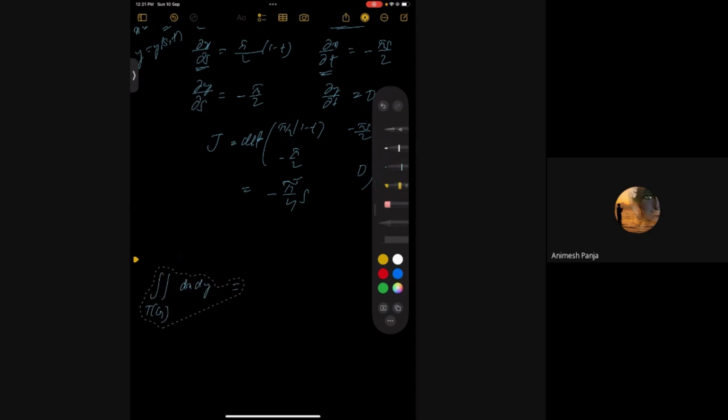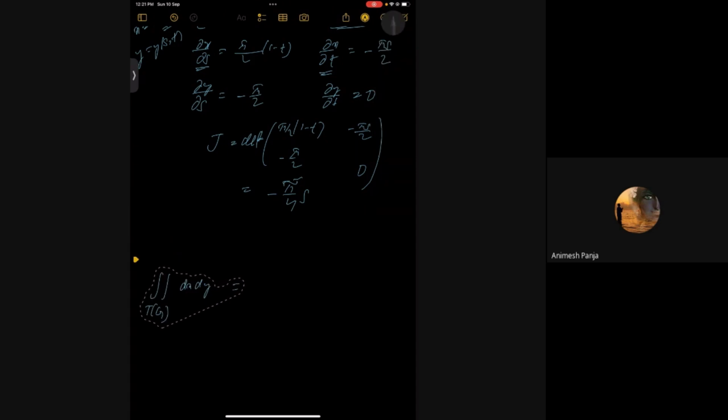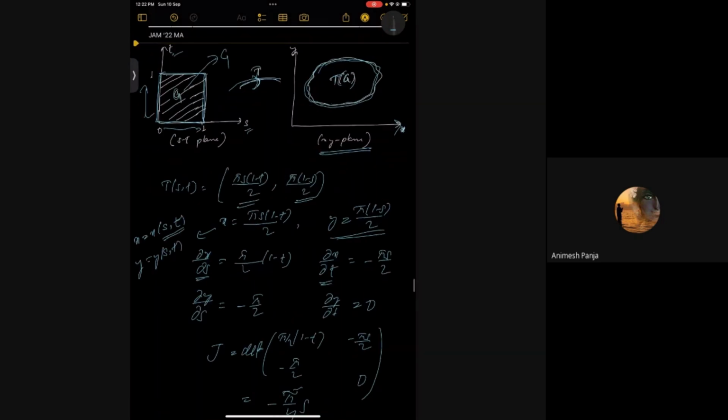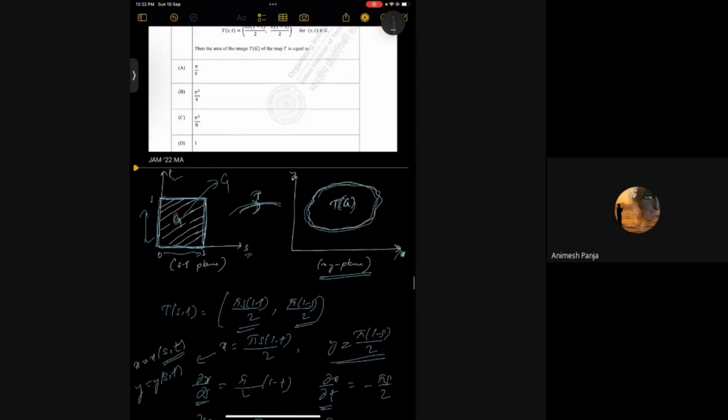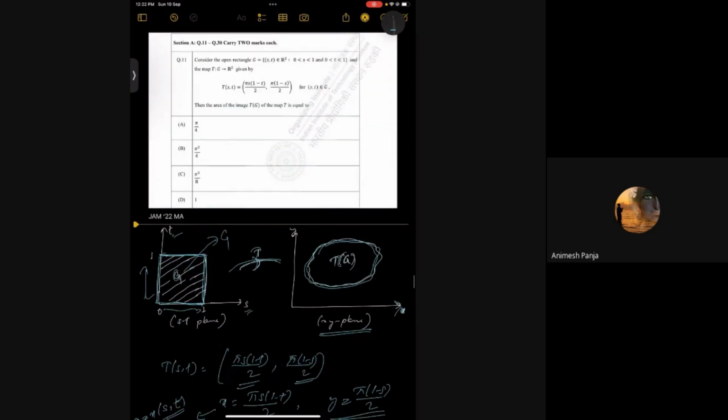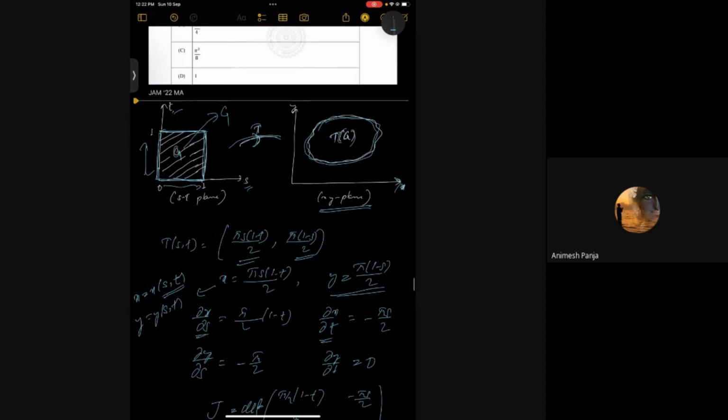So the area of the image now is the absolute value of the Jacobian in the variables ds dt. So the limits of s are 0 to 1, t is from 0 to 1, right? That is our square given to us. S lies between 0 and 1, look at the question. T lies between 0 and 1.